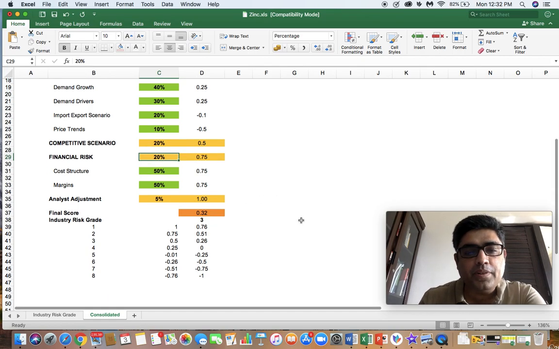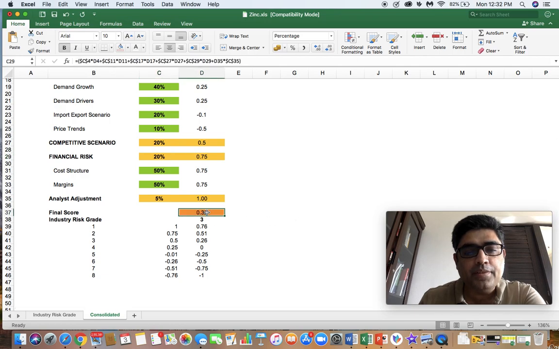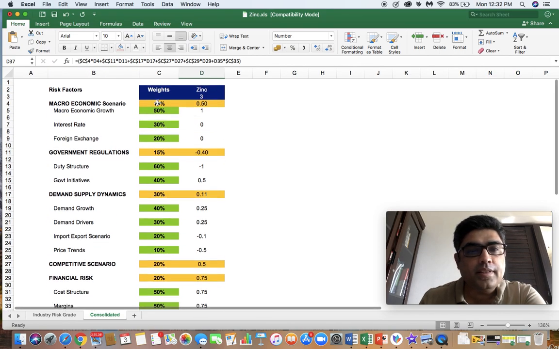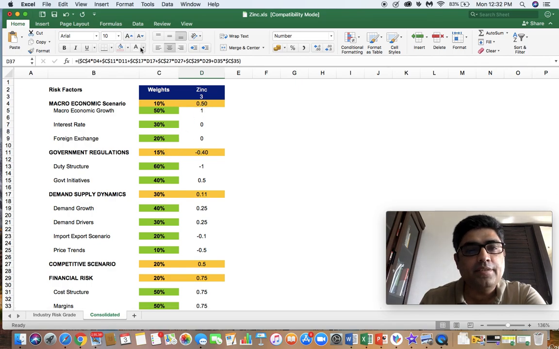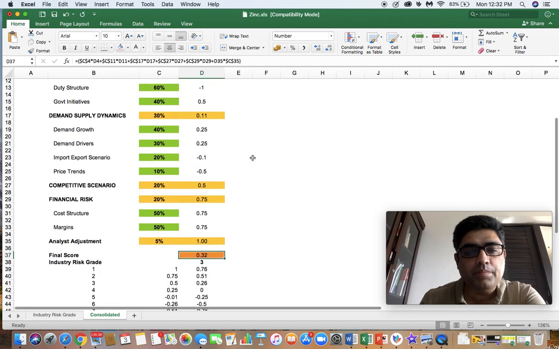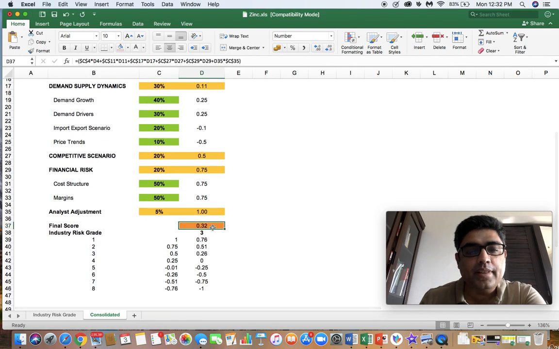Once you get to that, you finally reach this final risk score figure. So C4 into D4 is this figure into this, right? Then C11 into D11. That's how you do the computation, and there's a score that we finally reach, which is known as the final score.